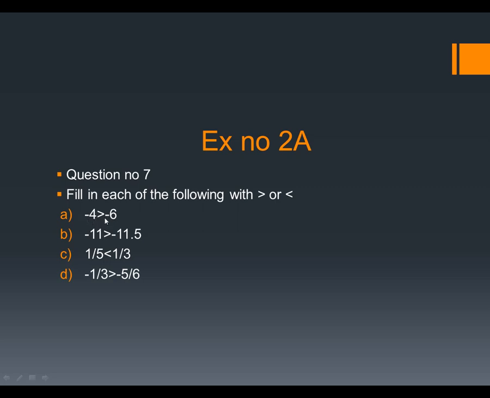Minus 11 is greater than minus 11.5. 1 over 5 is less than 1 over 3, because if we divide, 1 over 5 is equal to 0.2 and 1 over 3 is equal to 0.3. So 0.3 is bigger than 0.2, and same as minus 1 over 3 is greater than minus 5 over 6.